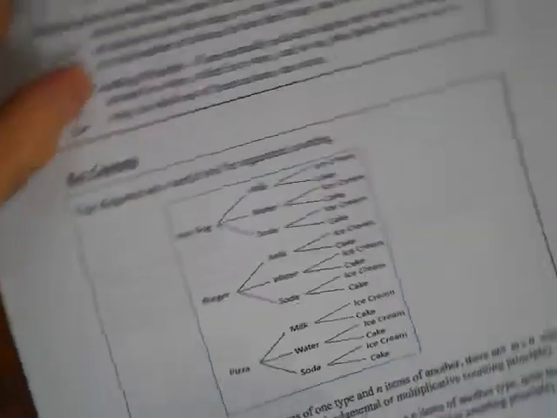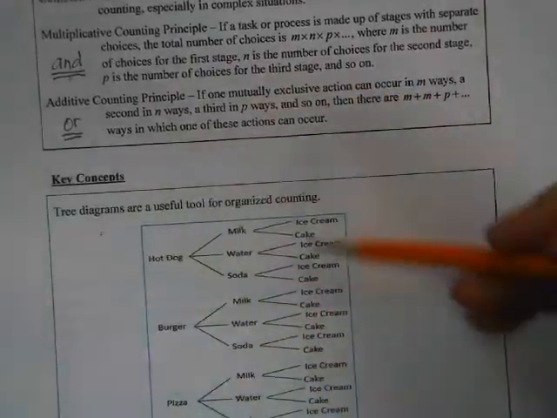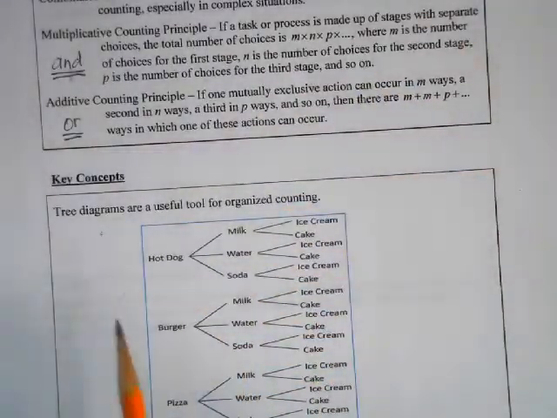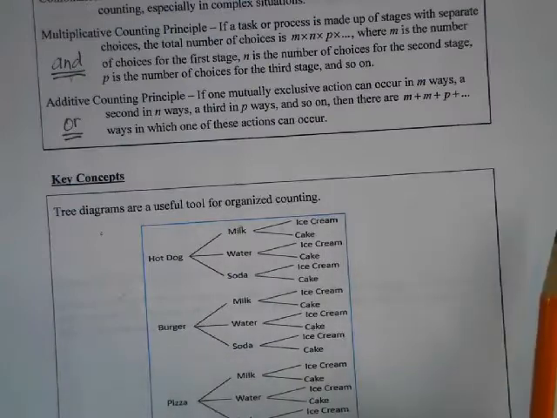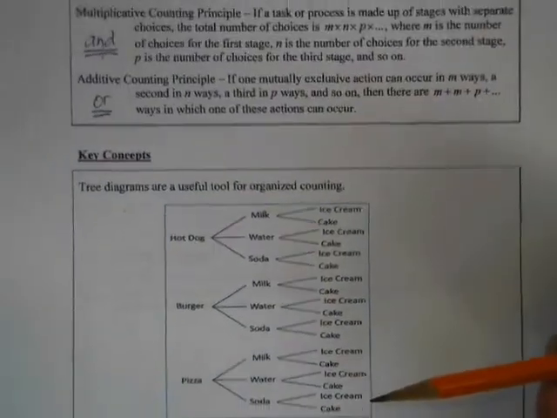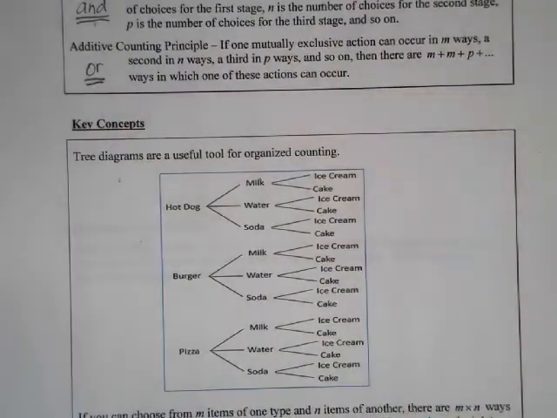I guess if you turn it on its side, you're starting down here with your three main branches of the tree, and as you go up, it branches off into more and more branches. We could draw the tree going up or coming down, but generally we'll draw it going left to right. So in this example here, this could be your choices for your lunch.